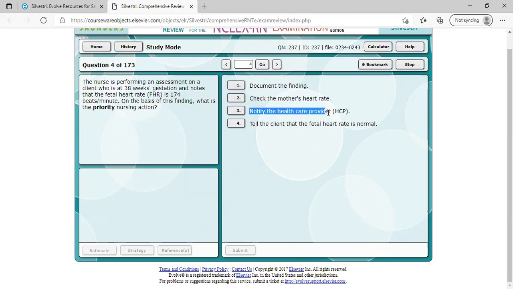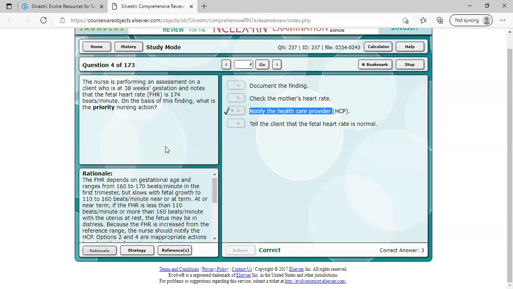Notify the healthcare provider, then check the mother, then keep the documentation. Number 4, tell the client that the fetal rate is abnormal, does not make sense. So number 3 is the best choice: notify the healthcare provider, check the mother's heart rate, and keep the documentation, right?